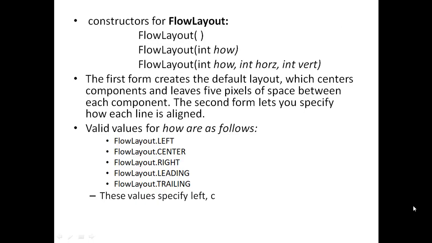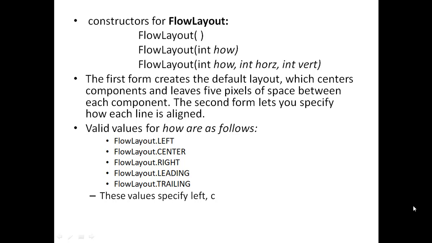To use this flow layout manager, some constructors are provided. First, the FlowLayout default constructor. Second, FlowLayout(int how), parameterized. Third, FlowLayout(int how, int horz, int vert), with horizontal and vertical spacing. These are the three forms provided.